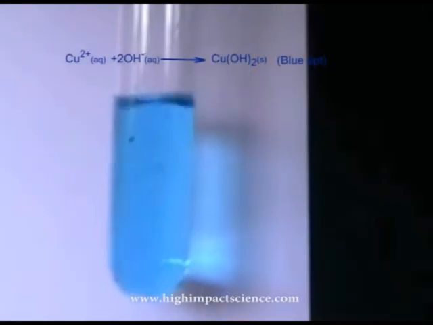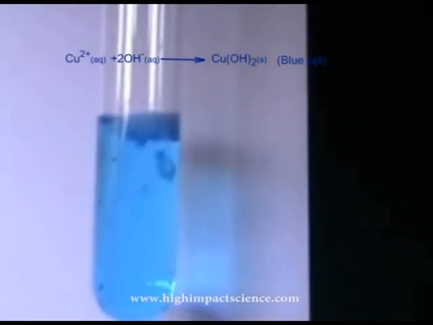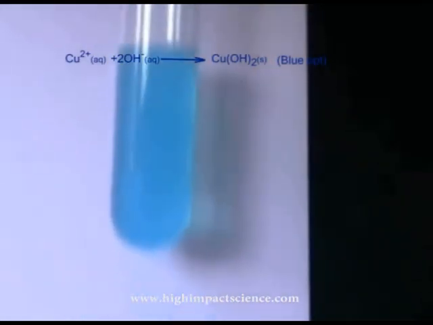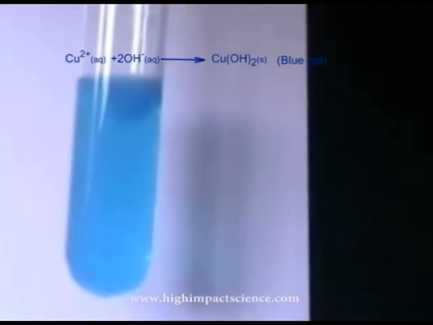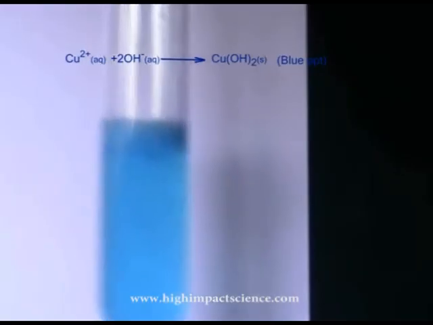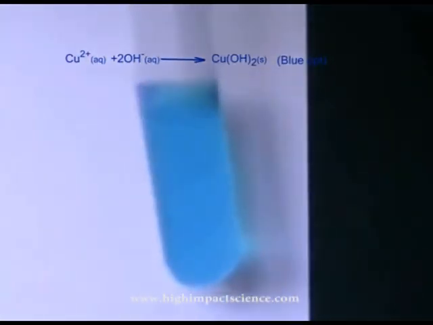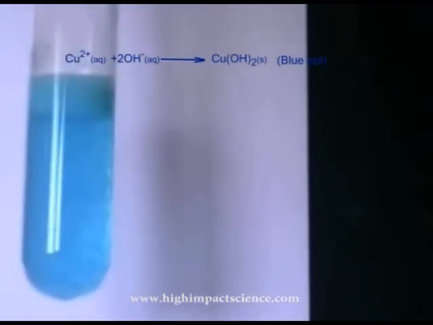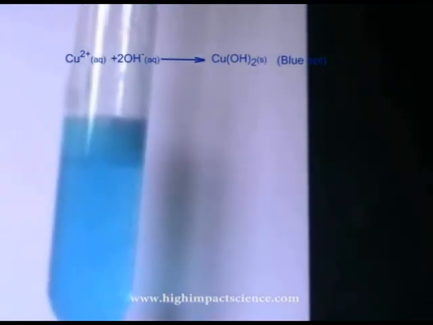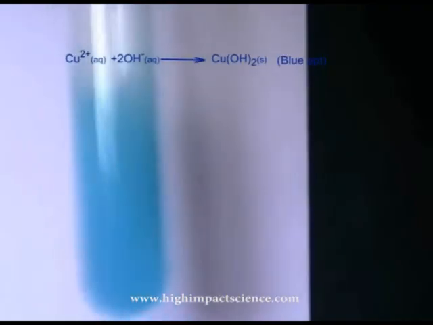Finally, we have copper. No mistake, the blue color of copper 2 ions. Copper 2 ions in ammonia solution, a small amount of ammonia solution. The blue color appears. We are going to add more ammonia solution and see if that blue color will disappear, or at least if there will be another step.